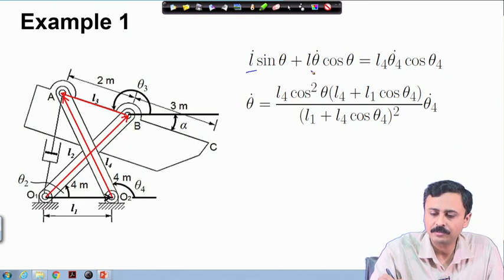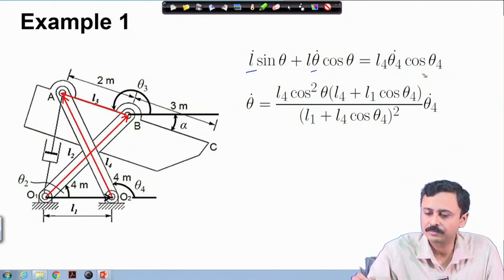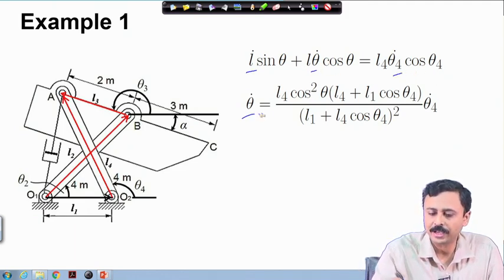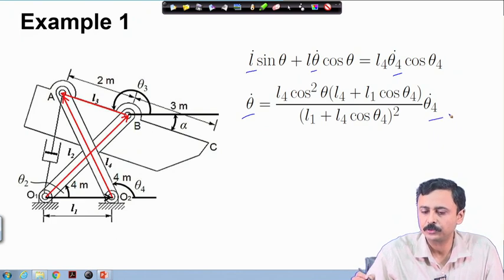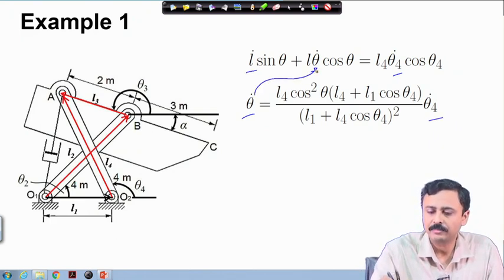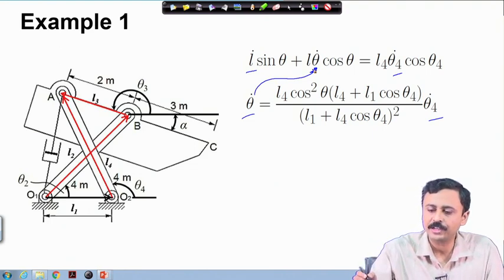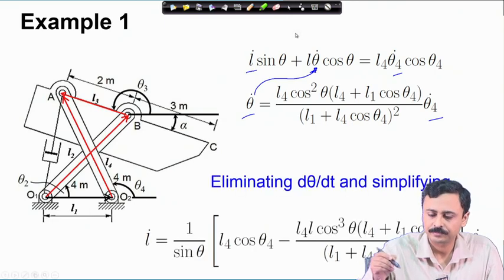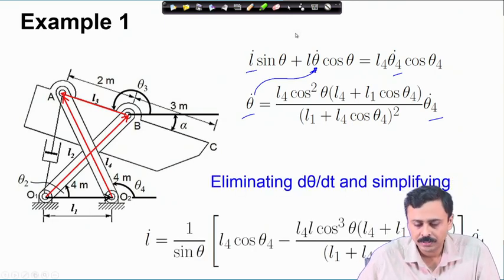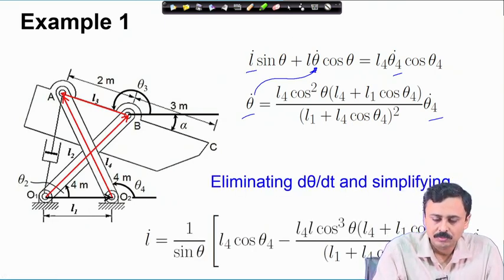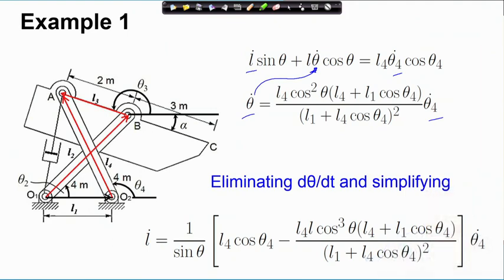This involved L dot, theta dot and theta 4 dot, and here I have relation between theta dot and theta 4 dot. Therefore, if I eliminate theta dot between the two, then I have a relation between theta 4 dot and L dot. So, if you eliminate theta dot and simplify, then you have a relation between L dot and theta 4 dot.